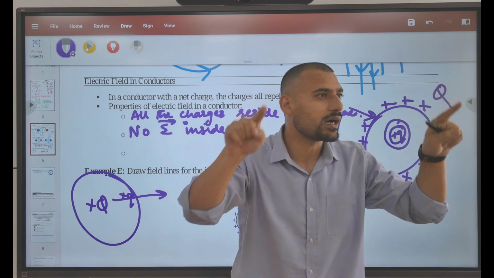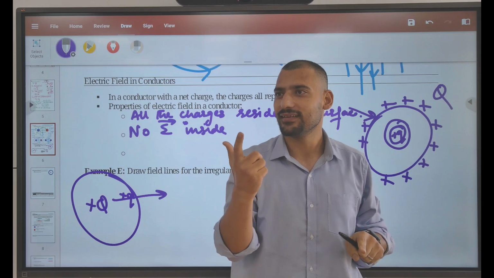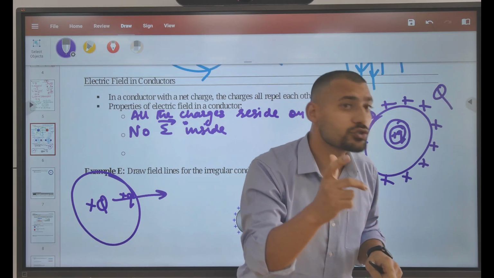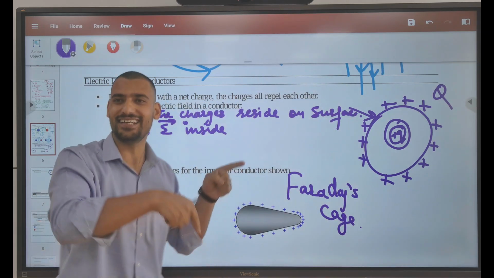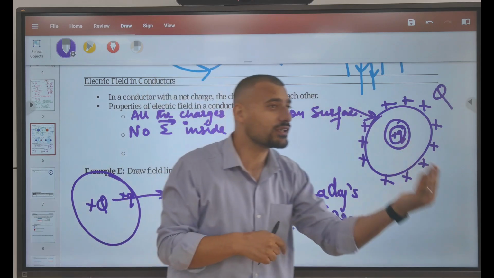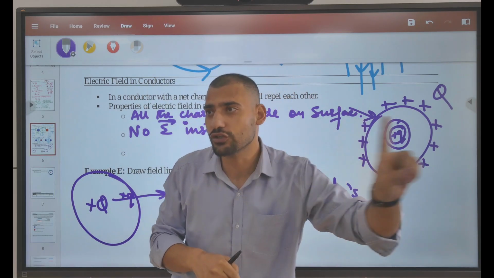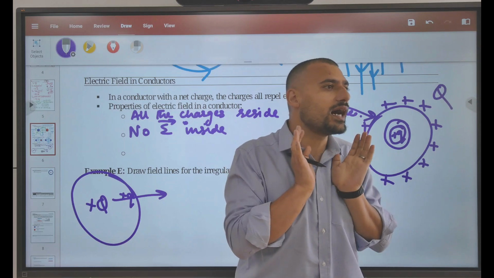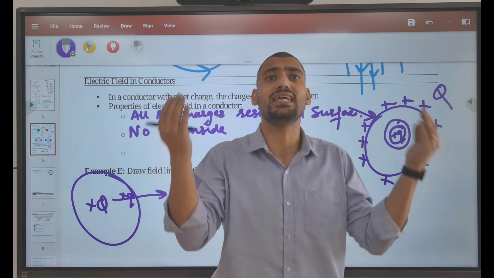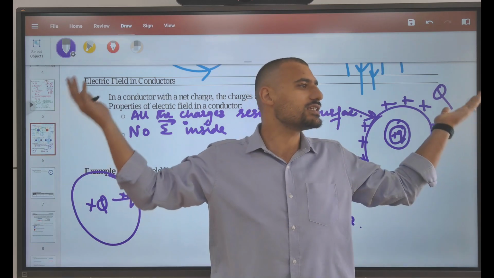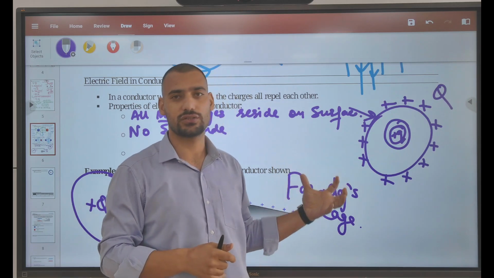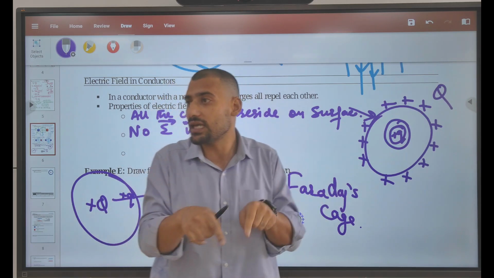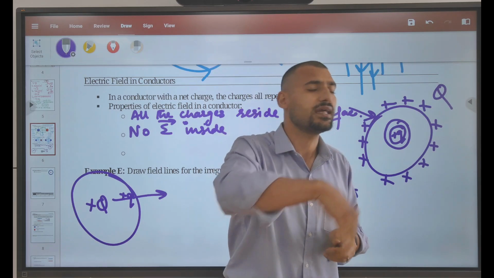But what is a car? A car is a metal. It's a conductor, isn't it? So it doesn't let electric field inside. When there is no electric field, there will be no force. So the person inside the car will not experience any electrical force, due to which he is safe. And the concept was called Faraday's cage. It acts as a cage and the person within the car is safe.